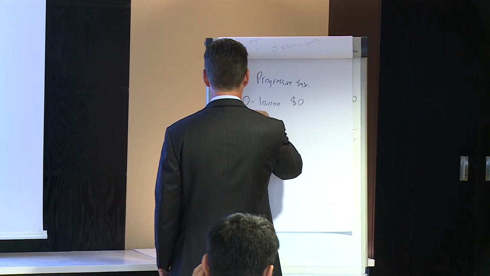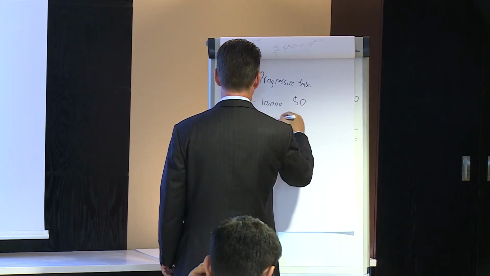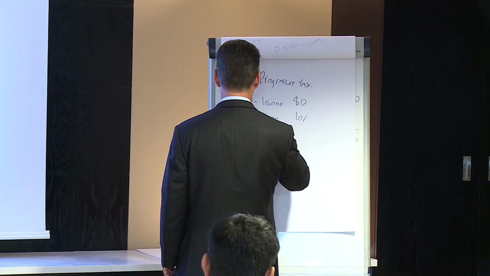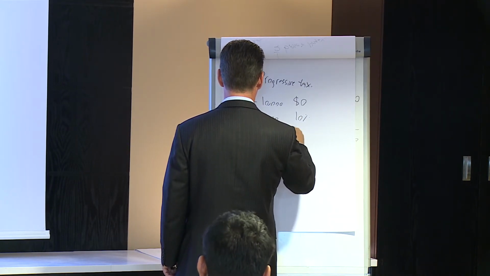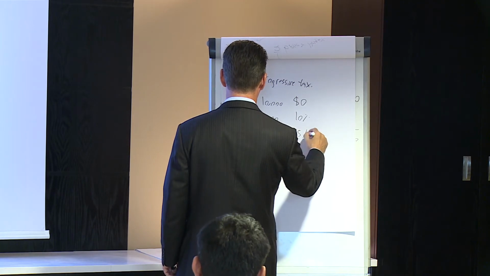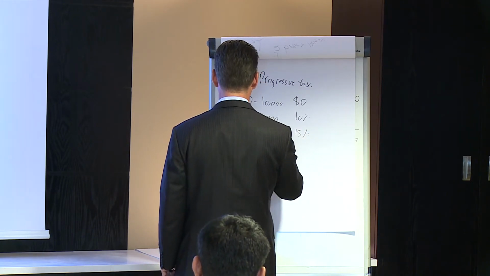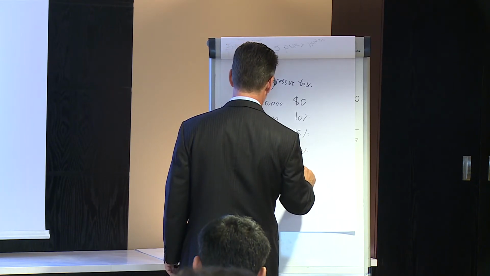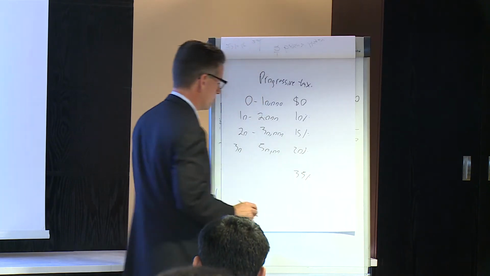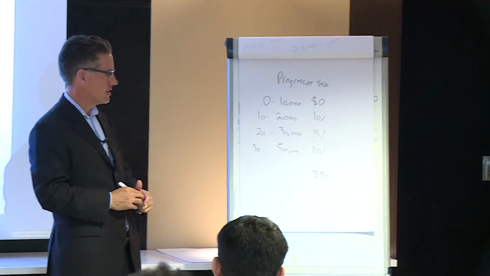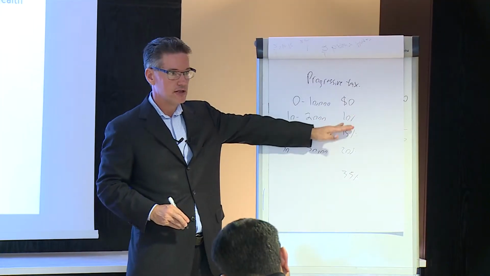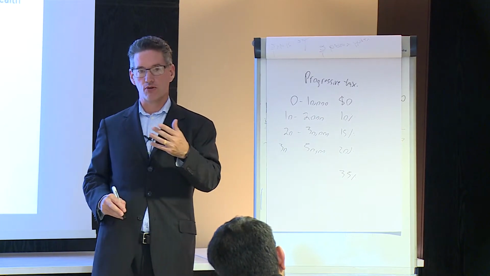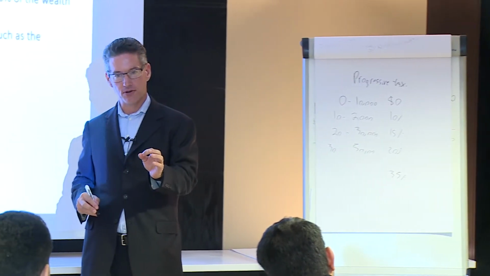Then from 10,000 to 20,000, maybe you pay 10%. And 20,000 to 30,000 goes to 15%. This is your annual income. 30 to 50, 20%. And it taps out at around 35% for your income tax. So this is their way of addressing inequality to some extent: the more you make, the more you pay in taxes. So in theory, this is good.